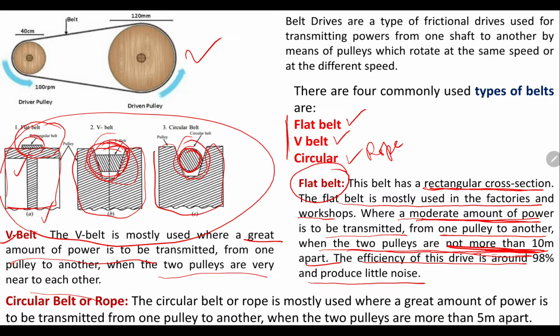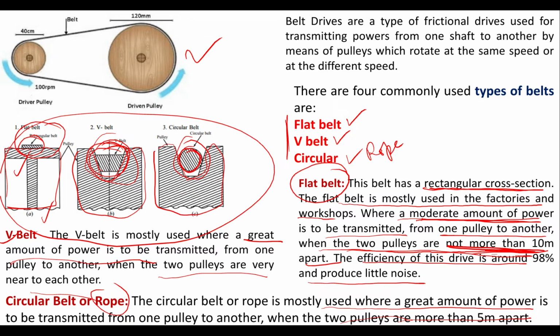The last belt is the circular belt. Circular belt is also called a rope belt. So circular belt or rope belt is mostly used where a great amount of power is to be transmitted from one pulley to another when the two pulleys are more than 5 meter apart. This is the condition given for the circular belt drive or rope drive.